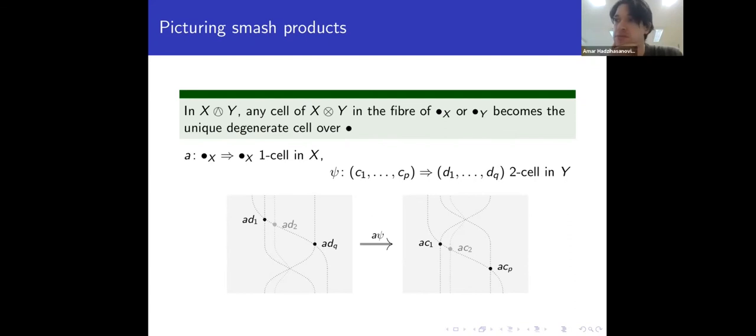I'm not sure I understand how this can be done internally to the category of props. But this kind of higher information is really trivialized by this functor, which takes me from diagrammatic sets to Gray categories and to props.